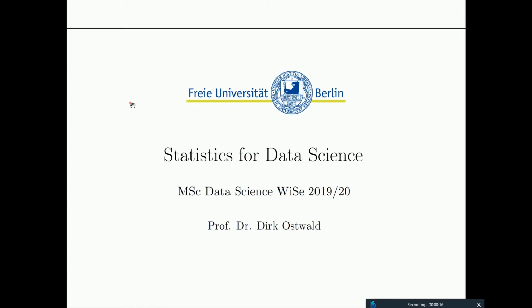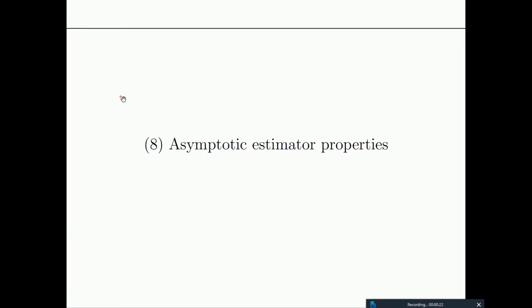Statistics for data science. We are in the frequentist inference part, and today the topic is asymptotic estimator properties. For myself, this was one of the most challenging lectures of this course because I'm novel to it.